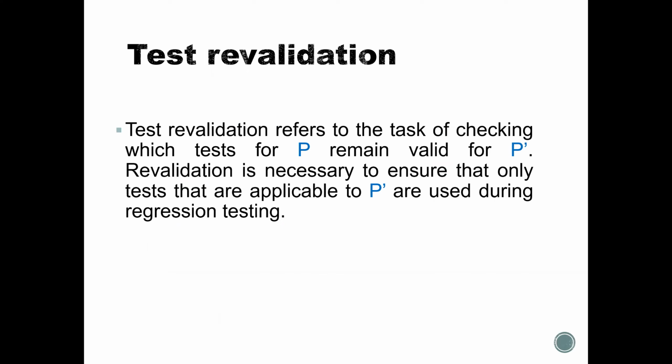So the thing is, when you have this program P dash, we cannot say that we are going to test it against all test cases that we have developed prior with the program P. The reason might be that the test cases are not sufficient to be executed on it, or, due to the changes that we have done in the code, the input data and format which P dash is looking for is not the same as what it used to take during the initial version P. And it may also happen that the inputs which we are specifying in some tests might remain valid for P dash, but the expected output might not.